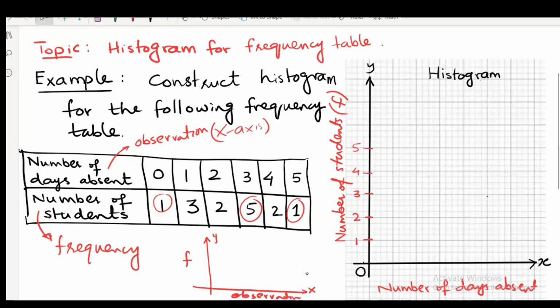So on the middle of the big square, the 4 by 4 square, I'm going to mark the first value, which was 0. The second value is 1, so I'm going to mark 1 here.